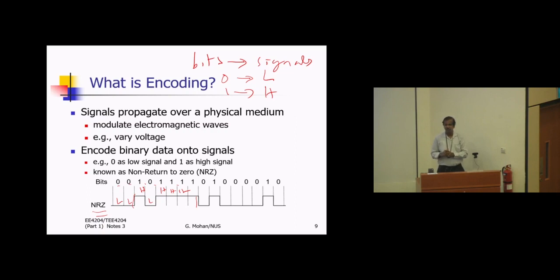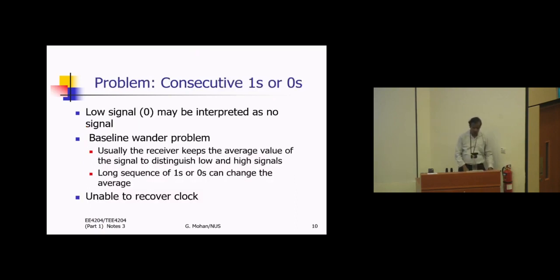Let's say high signal means 1 volt, just an example. But when you receive, you might have received 800 millivolts or 700 millivolts. So whether it is low or high may get confused. That is based on some threshold, which is dynamically calculated based on the long-term average. So if you keep on sending many ones or many zeros, there will be confusion.